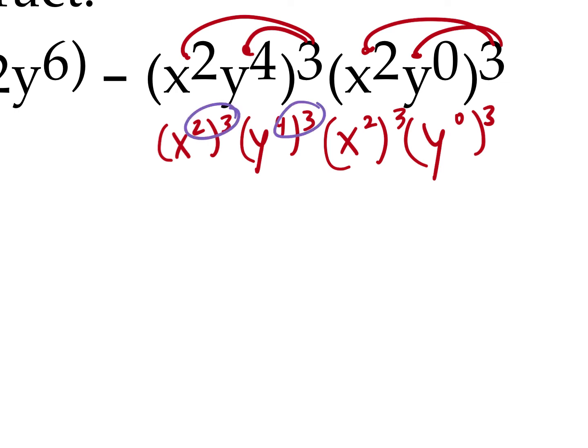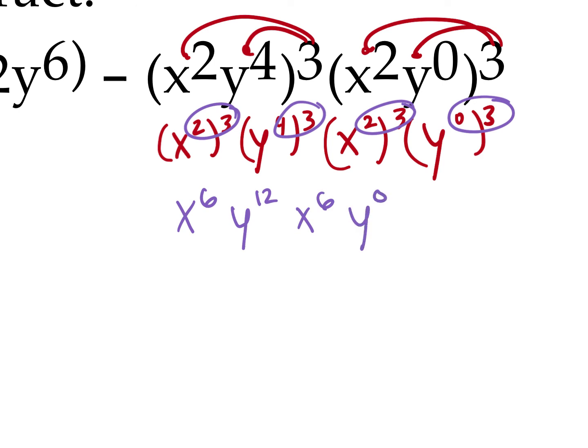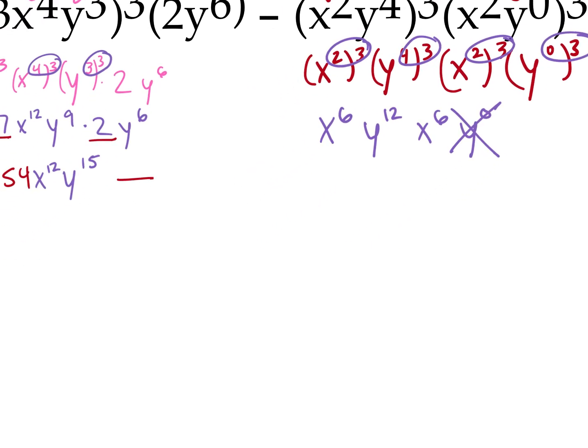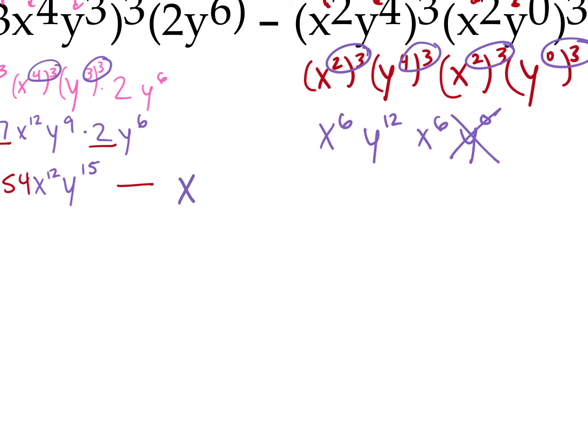Multiply the exponents. So x to the 6th power, y to the 12th power, x to the 6th power, y to the 0. What's 0 times 3? 0. What is y to the power of 0? 1. So we can get rid of that. What can I do next? Add the x's. So that'll be x to the 12th power and y to the 12th power.